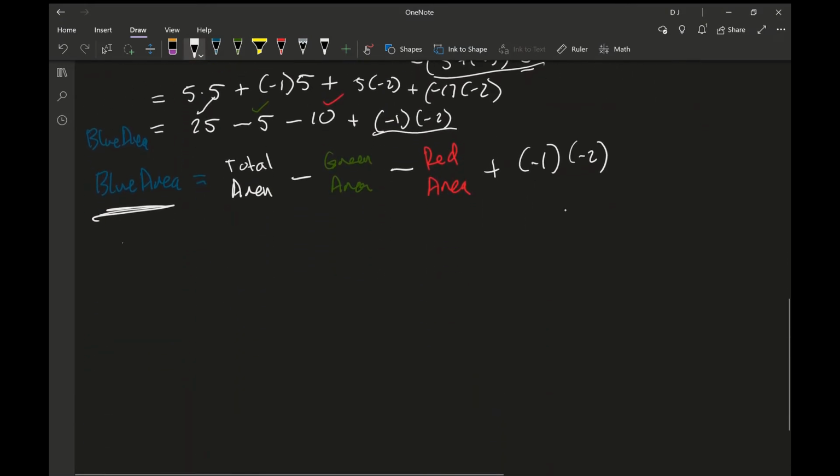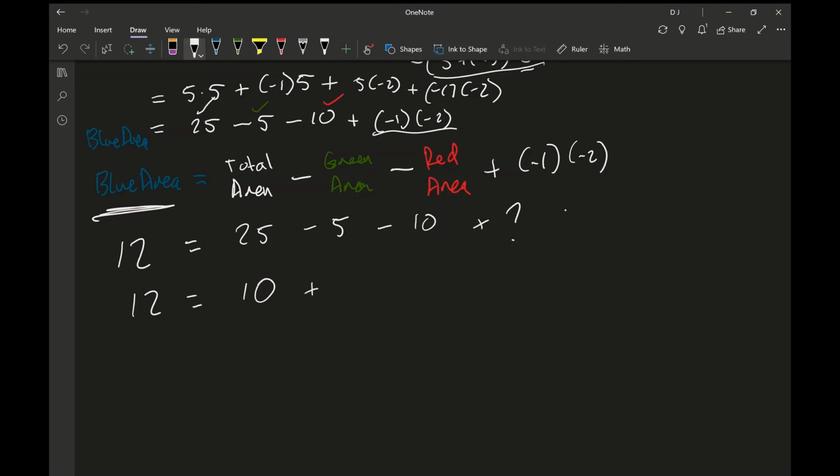But in order for this to be 12, since the total area is 25, and we're subtracting 5, and we're subtracting 10, plus a question mark, then 12 has to equal 25 minus 5 is 20, minus 10, so then we get a 10 plus a question mark. The question mark must equal 2, but that means that minus 1 times minus 2 has to equal a positive 2.